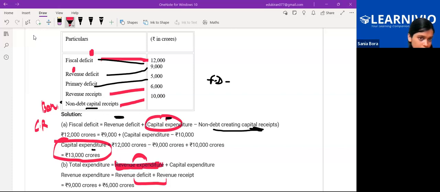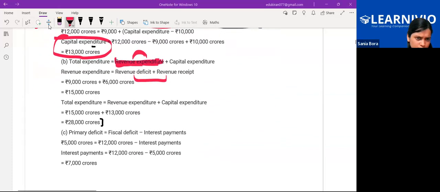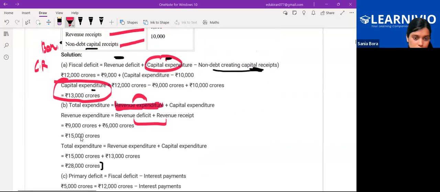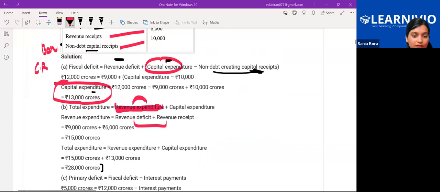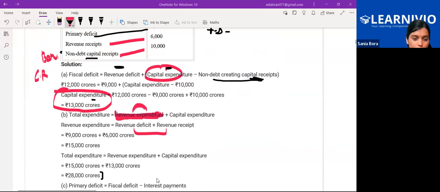17,000 crores. How? It is coming plus here now. Primary deficit is fiscal deficit minus interest payment. Do you have this interest payment? No, ma'am. Then you will find interest payment here.